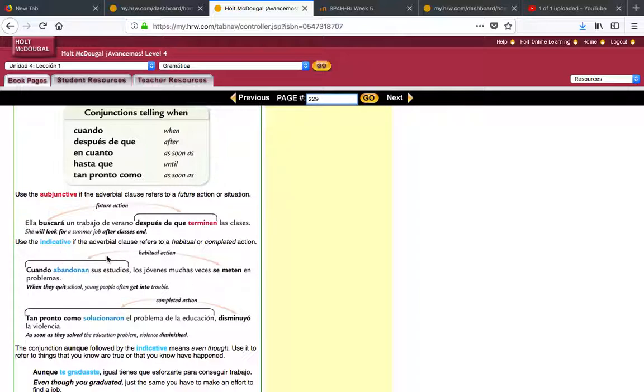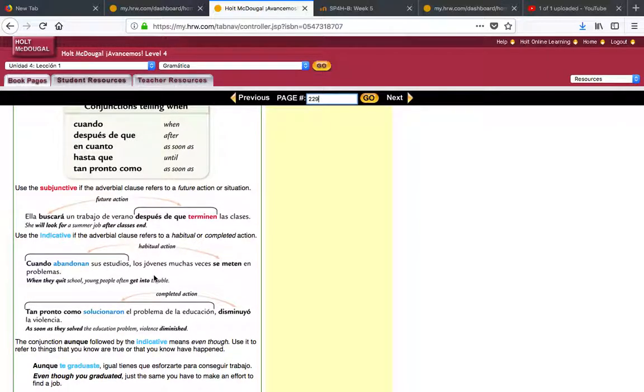Okay, I'm using the conjunction cuando. As you can see, cuando is not in the middle of the sentence, it's at the beginning. Cuando abandonen sus estudios, los jóvenes muchas veces se meten en problemas. This is a habitual action. This actually can happen. When kids quit school, what happens? They get in trouble, right?